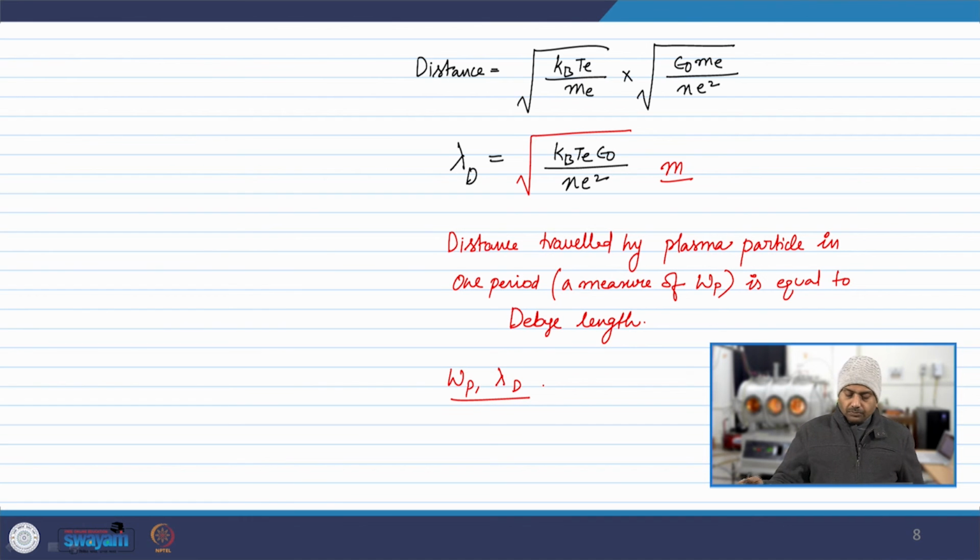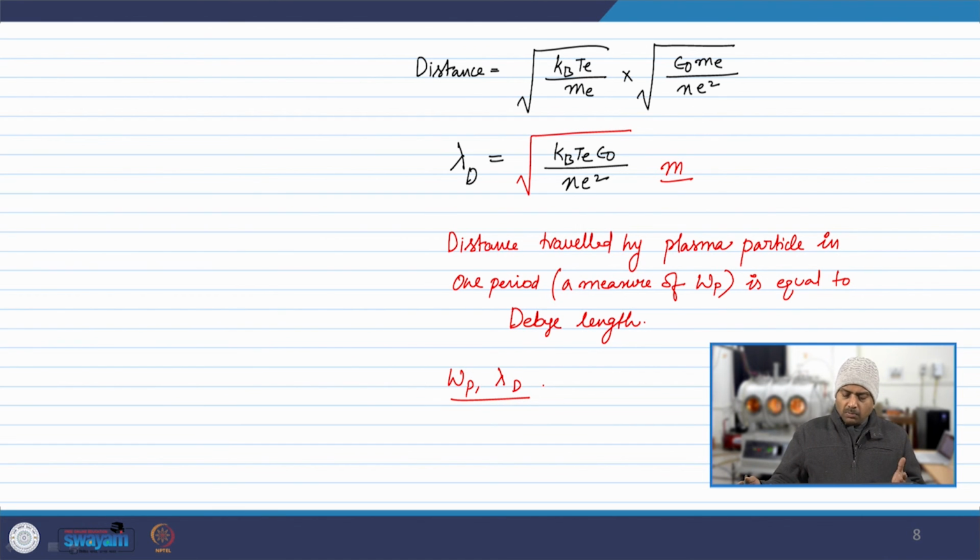Now, this concludes most of the discussion: what is plasma frequency, how is plasma frequency relevant for establishing the plasma criteria, what are plasma oscillations, what is the collective behavior of plasma, and how is Debye shielding a natural consequence of plasma's ability to behave collectively, and what is Debye's length, what is Debye shielding, what is Debye's potential, which facilitates all these mechanisms, and then what is Debye sphere.